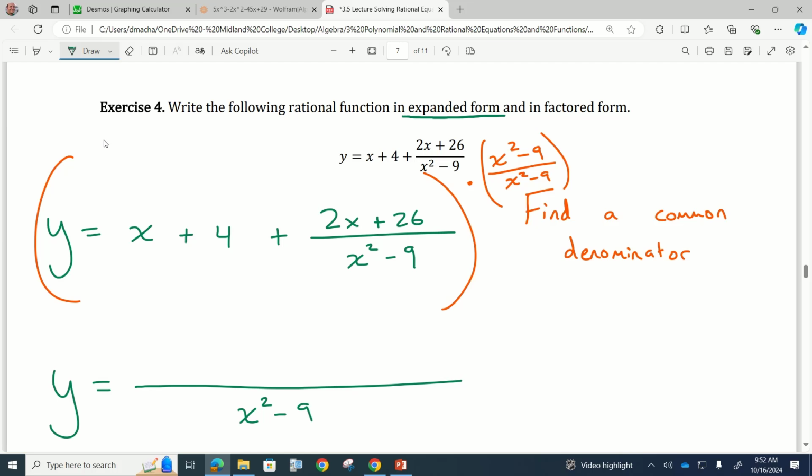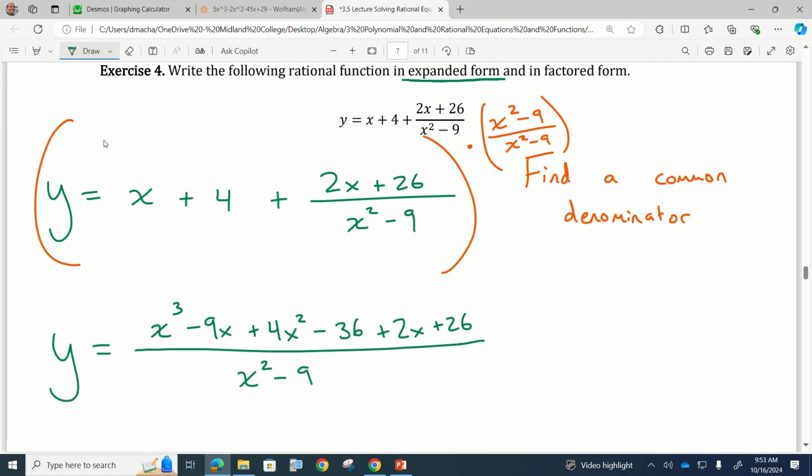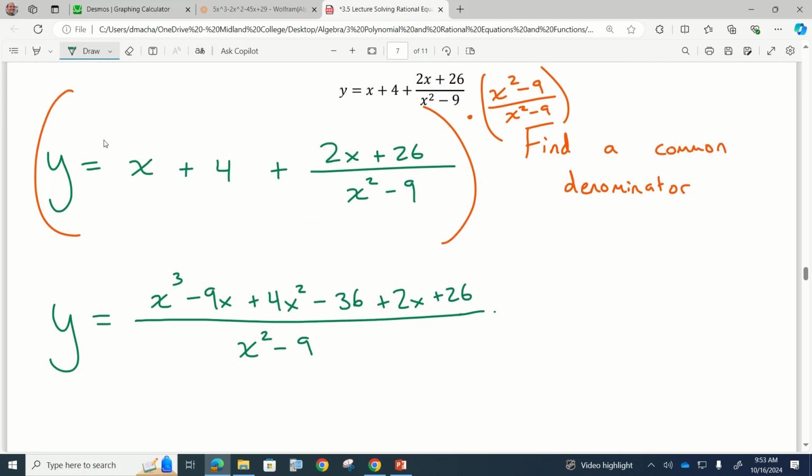Whenever I take x times x squared minus 9, I'm going to get x cubed minus 9x. 4 times x squared minus 9 is going to be plus 4x squared minus 36. And then I have plus 2x plus 26, because that was already divided by x squared minus 9. And then, this is almost there, we just have to collect like terms and put everything in the proper order.